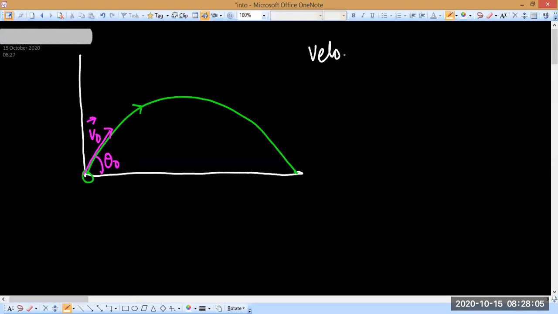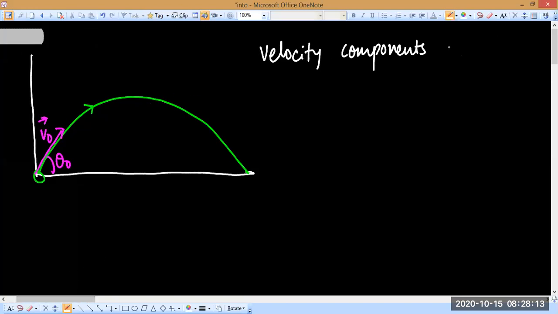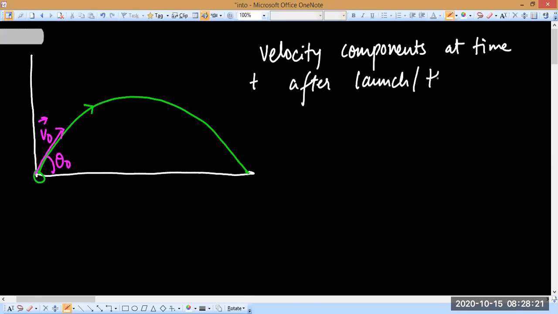So now if you want to find out, હવે આ લખજો બરાબર, velocity components. If you want to find out velocity components at time t after launch, okay, launch or throw. Basically I'm asking after time t, that is when time is equal to t, what will be Vx and what will be Vy.